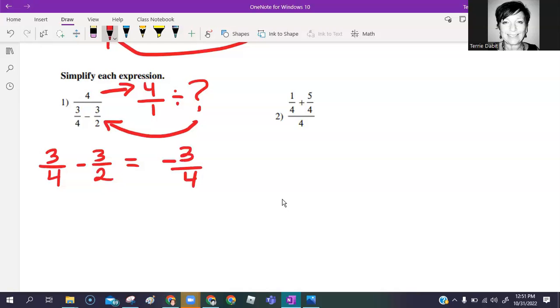All I do is put that in my calculator. Or you can do it the long way. I'll show that to you over here. If I don't have a calculator, I might need to go to my scrap paper. So 3/4 minus 3/2.